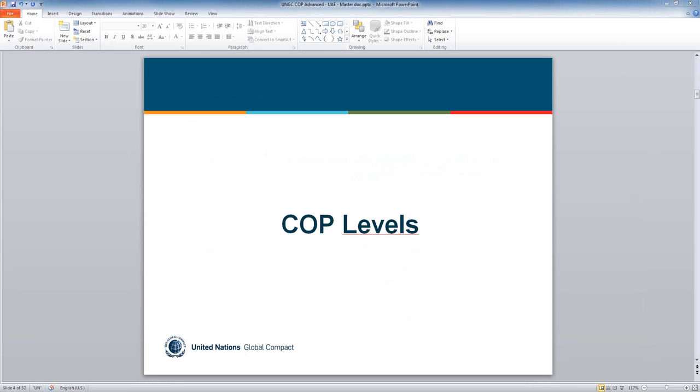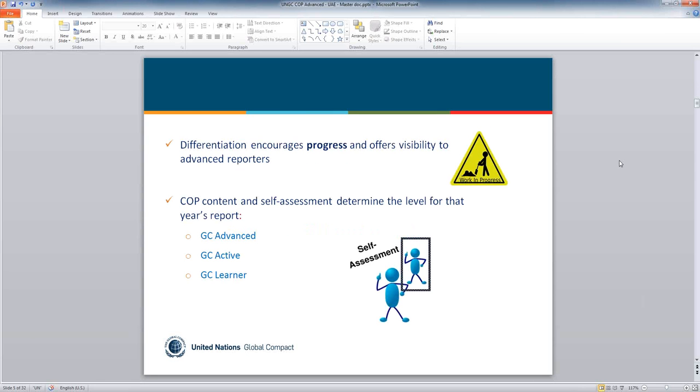So let's talk about the COP levels. Why do we have levels in the COP? That's the first question to be asked. We created the differentiation program for COPs with the understanding that giving levels to reporting will encourage companies to make more efforts and to make progress, not only in their implementation, but also in their reporting practices.